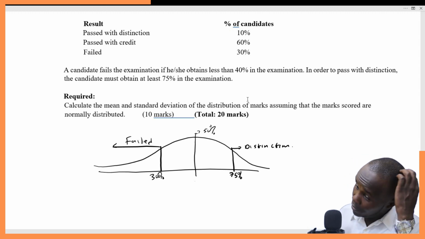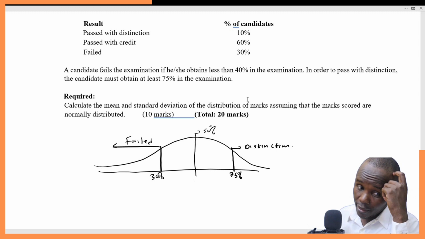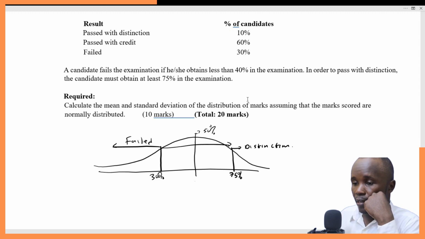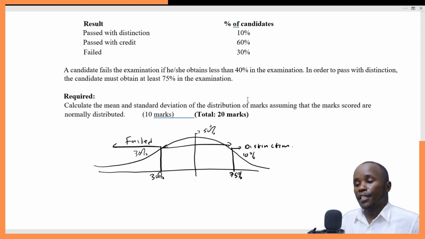It means 60% are in this category, because here we have 30%, here we have 10%, here we have 10%, here we have only 10%, and here we have 30%. It means 60% will belong in this category.